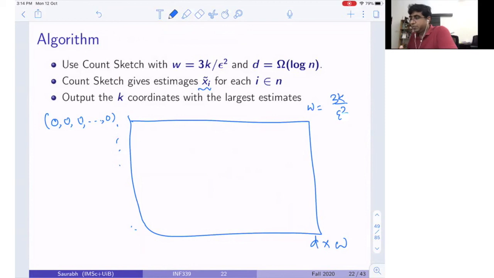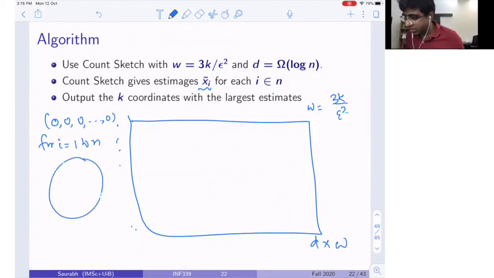As I told you before, space-wise, I have taken this. Time-wise, I'm not talking about time at this point. I can run over all i for i equal to 1 to n, and keep a heap which stores the top k candidates at any point of time.